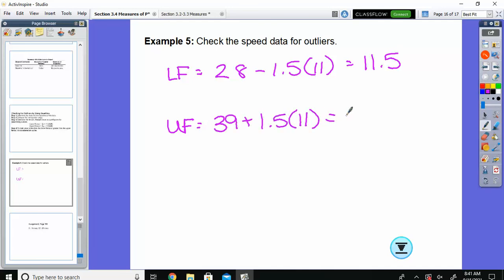Plus 1.5 times the interquartile range for that data, which was 11. And we get 55.5. So that means any speed above 55.5 is an outlier. Do we have any of those? Yes. So 100 miles per hour is an outlier.